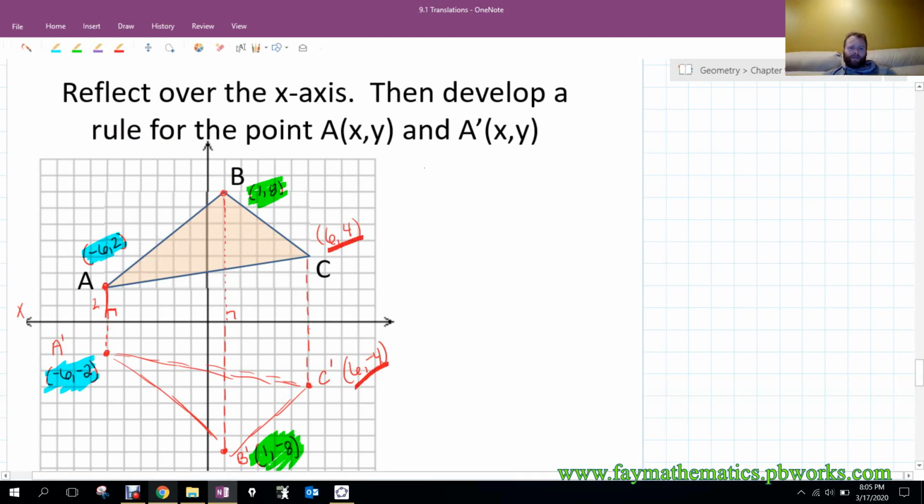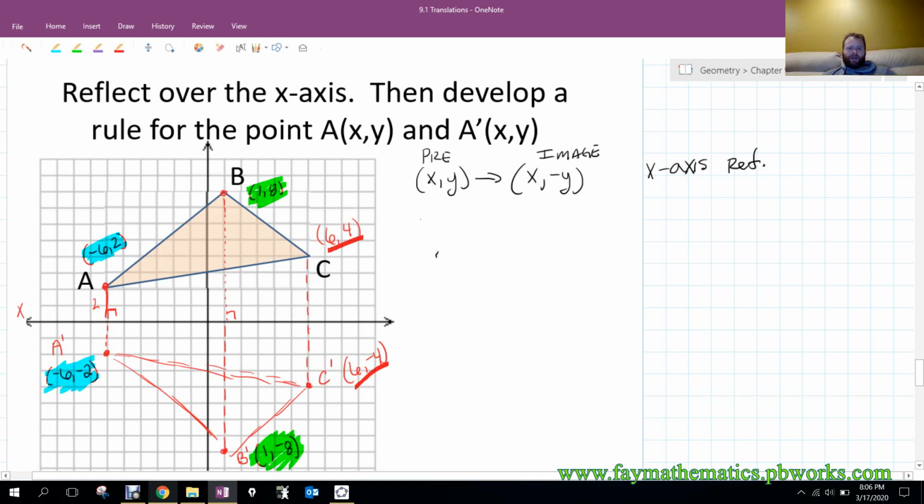It means if I have X comma Y on my pre-image, then I'm going to have X comma the opposite of Y on my image when we do an x-axis reflection. Okay, so all that happens for every point is that your Y value becomes the opposite, and that's what actually flips it over the x-axis.